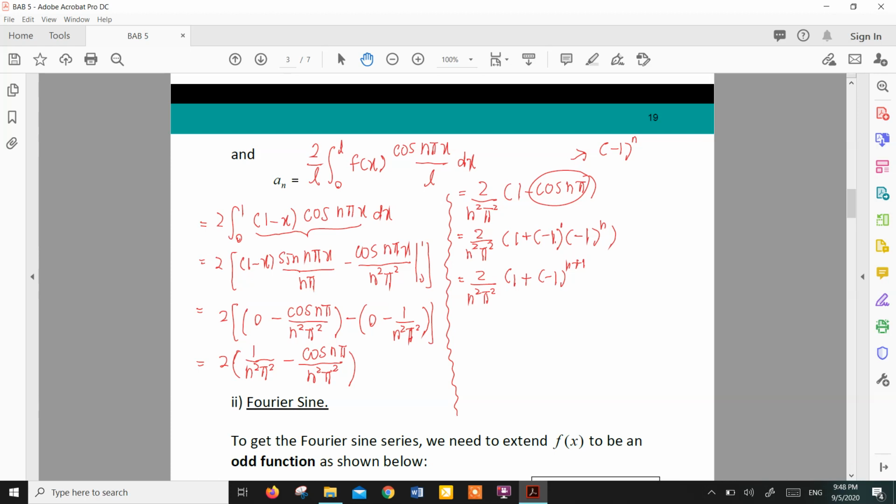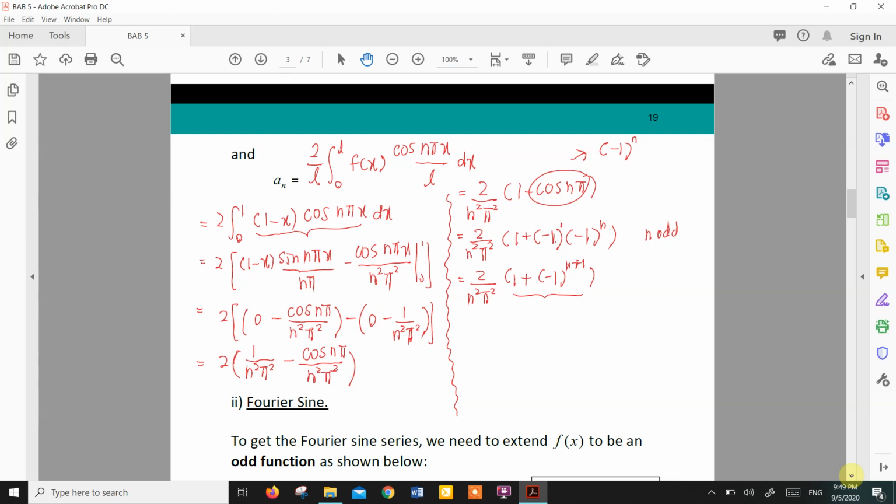So let's say your n is 1, if your n is odd, then the total power is even, right? If it is even, then here will be plus.